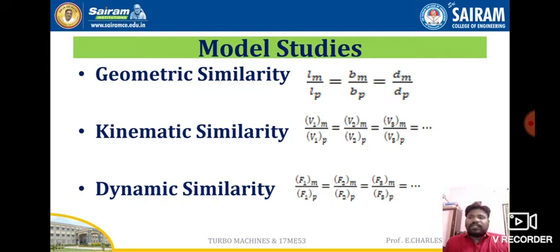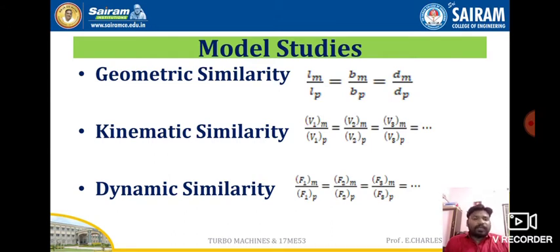In the same way, we will see kinematic similarity. It is all about similarity of motion. Earlier, what we have seen is geometric similarity, which is the similarity of shape. Now here, it is similarity of motion. Two systems are considered to be kinematically similar if they are geometrically similar and the ratios of components of velocity are equal.